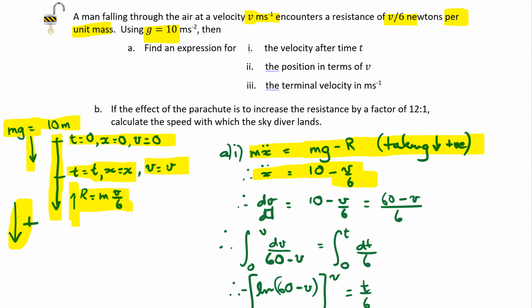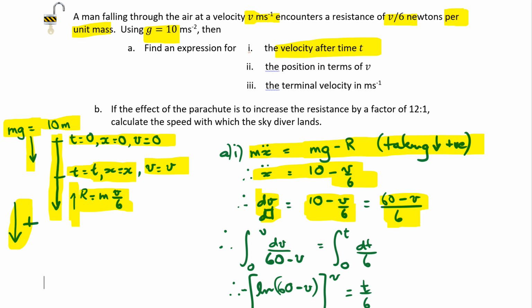Now given that we want to find velocity as a function of t, we'll use dv dt as our expression for acceleration. We want to be able to rearrange this, so given we're going to break up our integral into dv's and dt's, we need just one expression here, so I have to rewrite this as a single fraction.